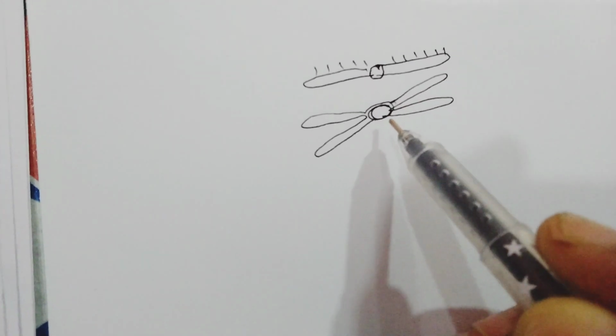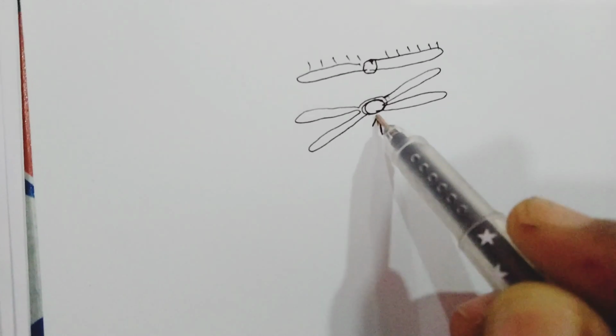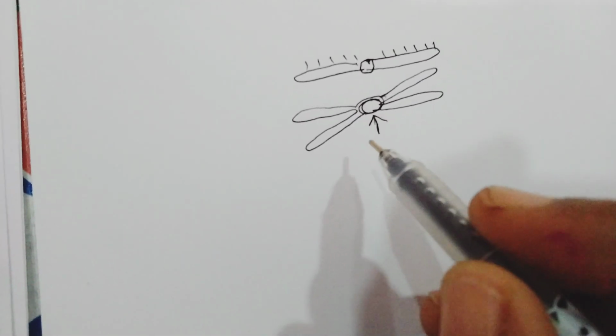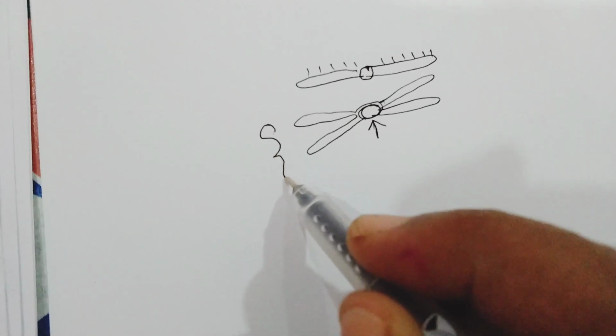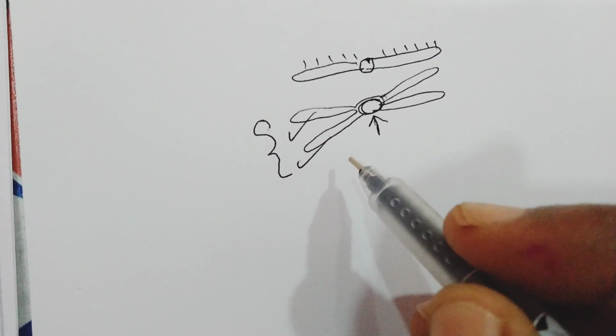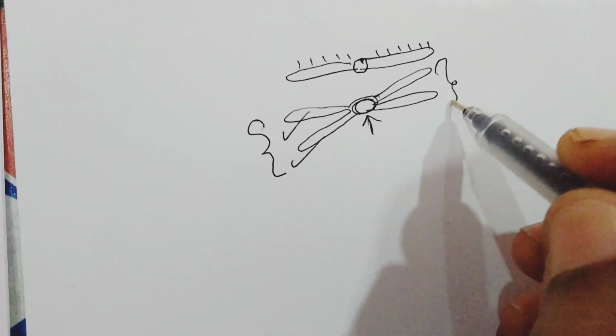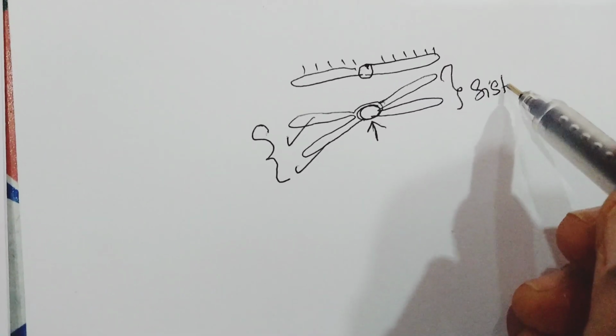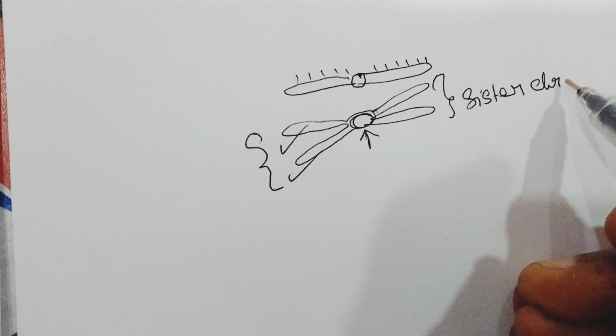So during cell division, each chromosome contains two chromatids. These two are generally referred to as sister chromatids.